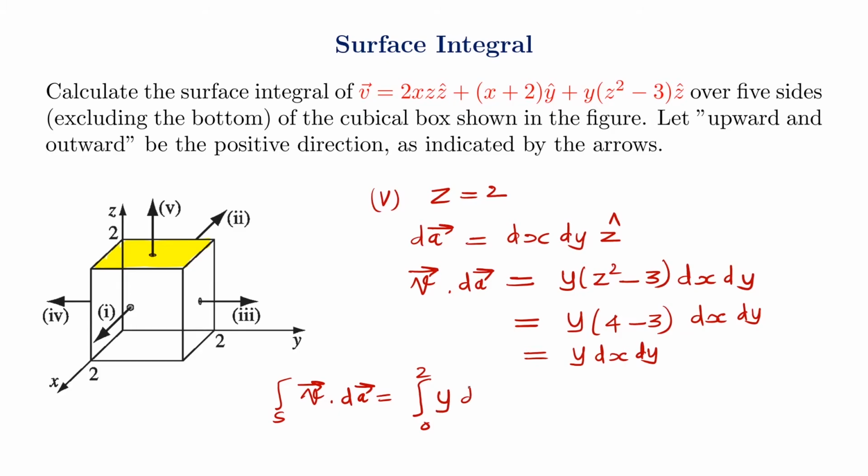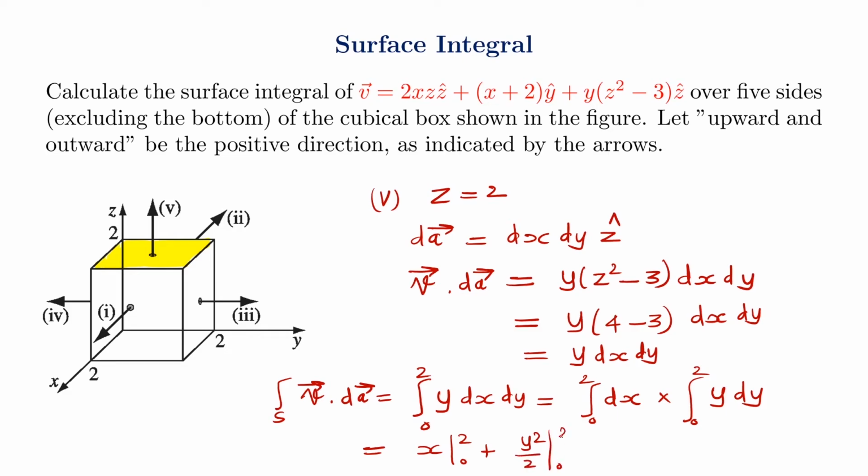This is equal to integral dx from 0 to 2 times integral 0 to 2 of y dy. This is equal to x from 0 to 2 plus y square divided by 2 from 0 to 2, and this is equal to 2 plus 4 by 2, that is equal to 4.